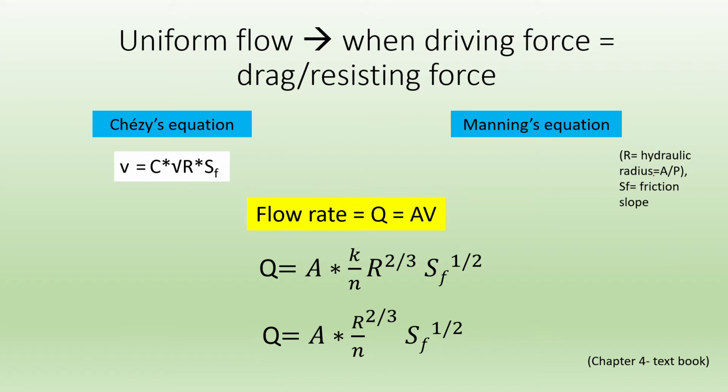Uniform flow has already been discussed in my previous video, where you learned that uniform flow happens when the driving force is equal to the drag force. Please watch my previous video about this.